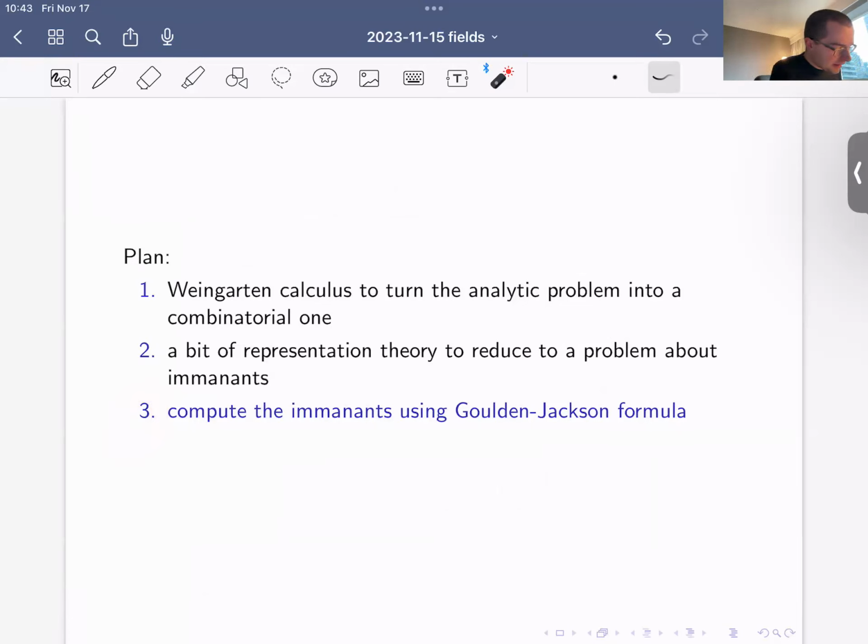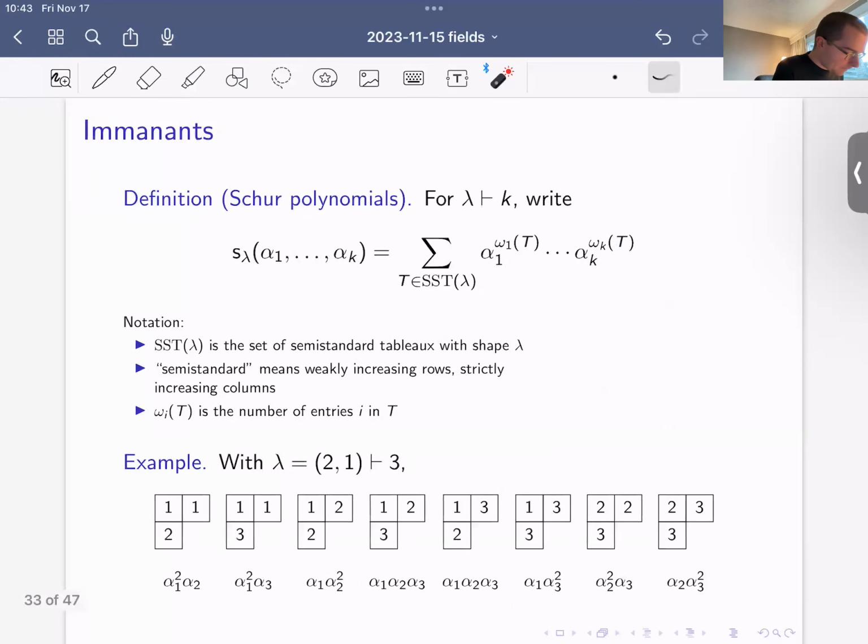Computing the immanant using results of Goulden and Jackson from the 1990s, which describes immanants in a useful way. Right, so to describe these immanants, this result of Goulden and Jackson is using these symmetric polynomials called Schur polynomials.